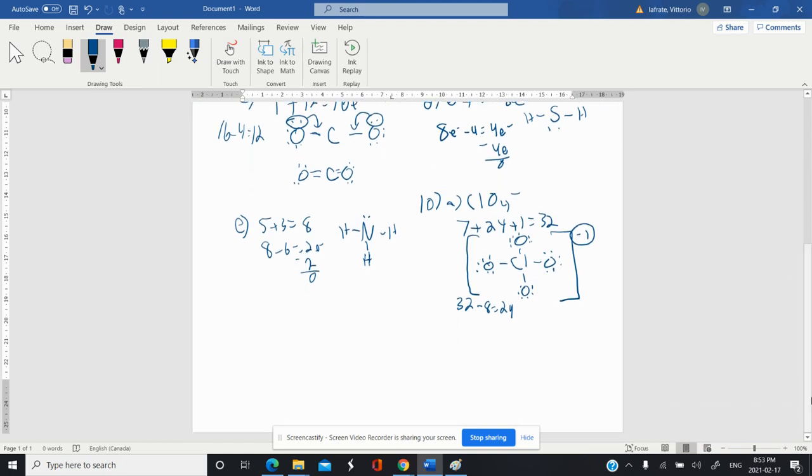So this is acceptable, but a better structure is O, like this. And the other ones have one of their pairs turned into a double bond.